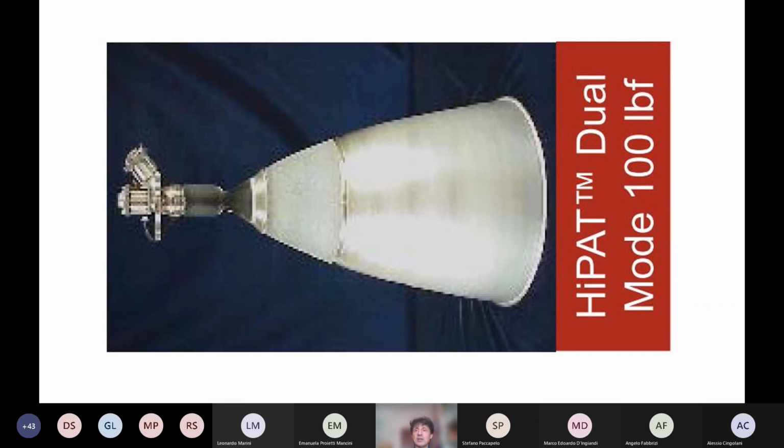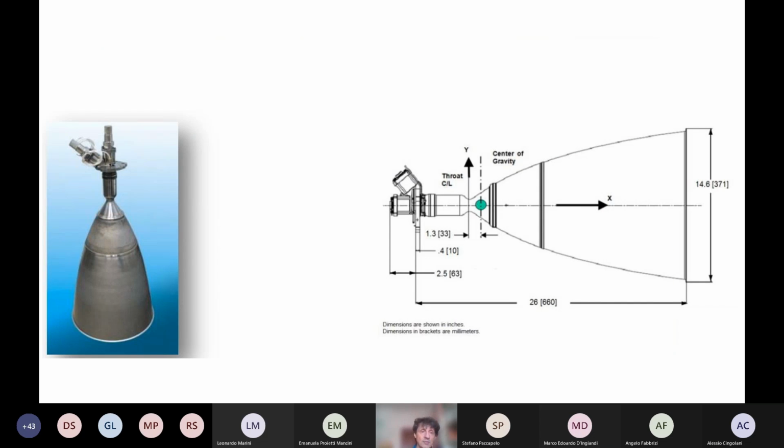This is another one where we have a very high expansion ratio, and this is even higher. You have here an expansion ratio of 400 in terms of area. The exit area is 400, or better, 371 times the throat area, as you can see written here.